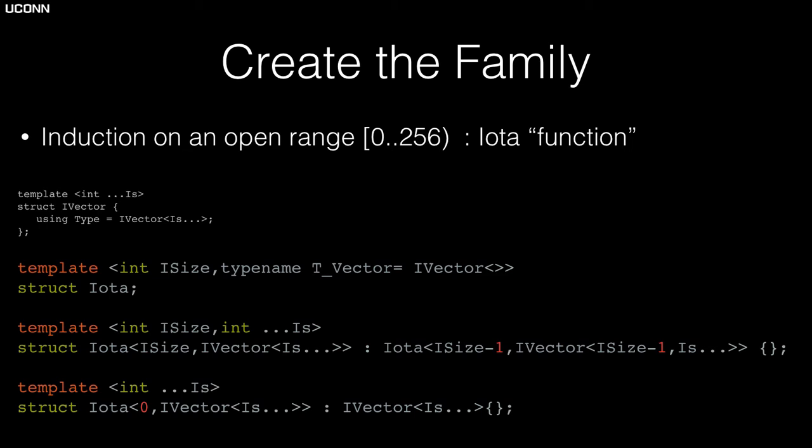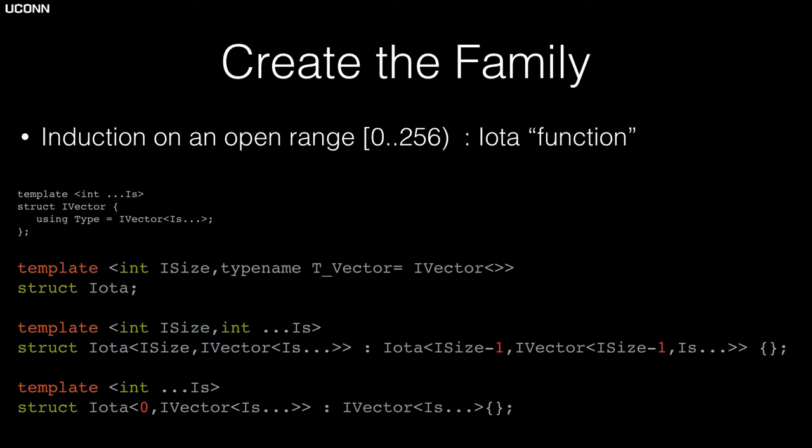And what iota does, when it receives the size and a vector containing the parameter pack, is that this guy inherits from iota on size -1. That's exactly what you told me earlier. I'm making one type inherit from another type.